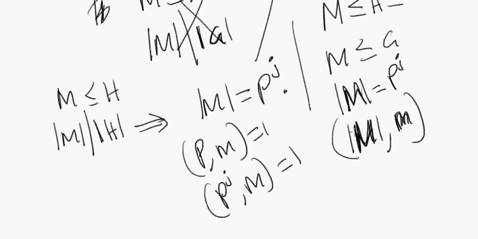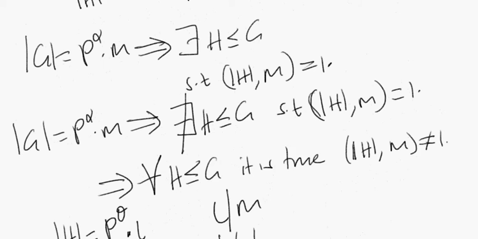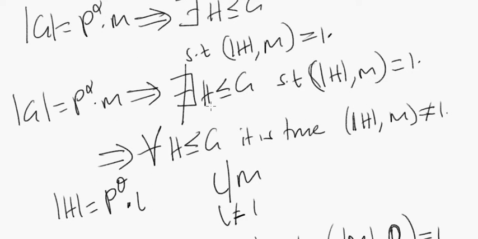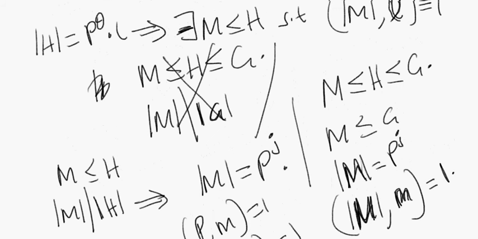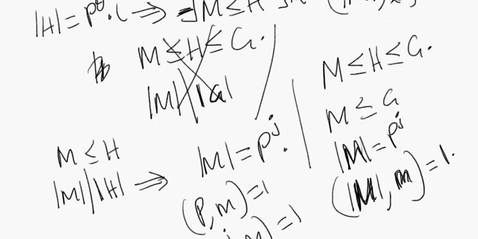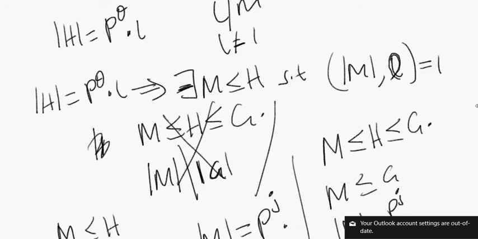If that's the case, and the order of big M equals p to the j, and the order of big M is relatively prime to little m, isn't that giving us 1 as well? But isn't this a contradiction to the assumption that we made, that there is no subgroup of g such that the GCD of the order of that subgroup with little m gives us 1? Perhaps our assumption was wrong.